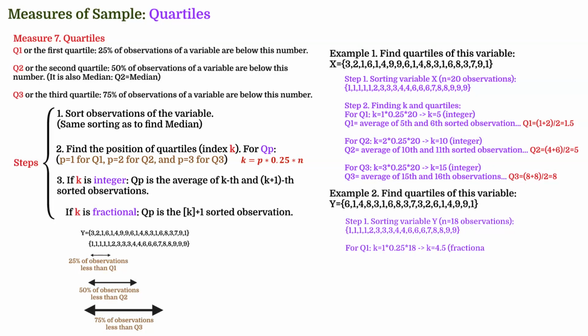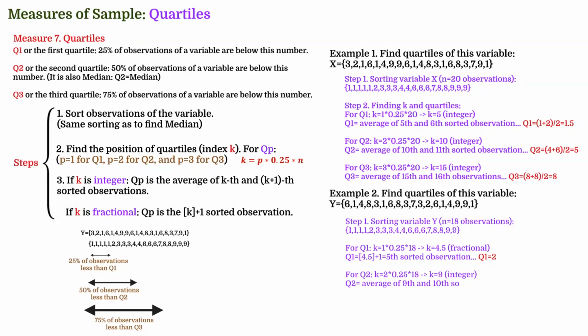For Q1, k is equal to 1 times 0.25 times 18, which is 4.5, fractional. Q1 is the integer part of 4.5 plus 1, which is 5. So Q1 is the 5th sorted observation. For Q2, it is 2 times 0.25 times 18, which is 9, an integer.